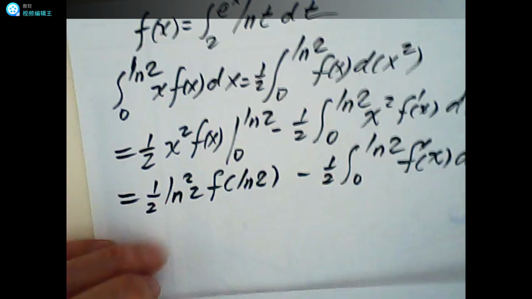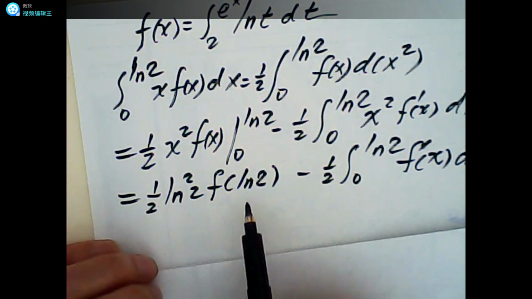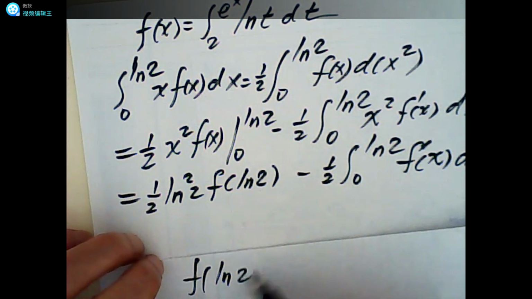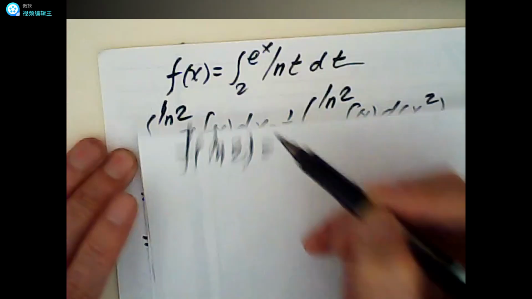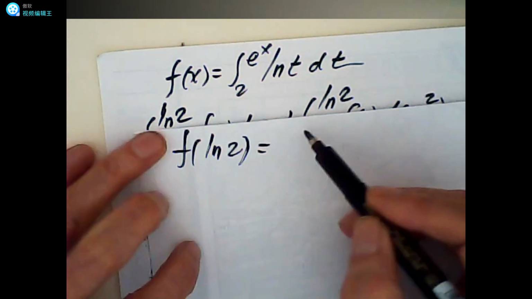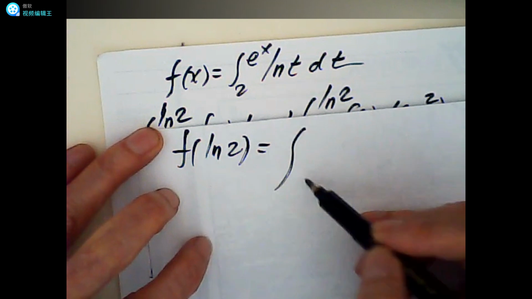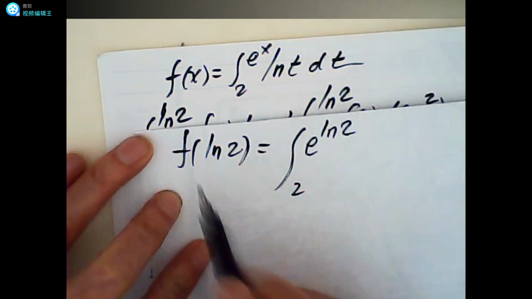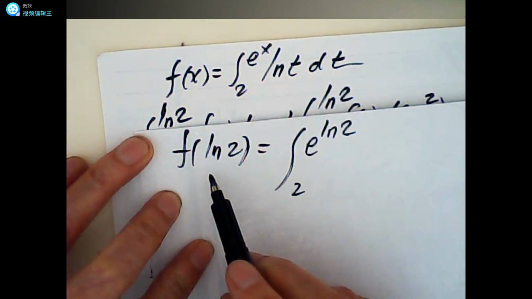do one by one. Now, what is f of log 2? You know that given f of this. This is f of x. Therefore, this will be equal to the integral from 2 to e to the log 2. That will be f of log 2.